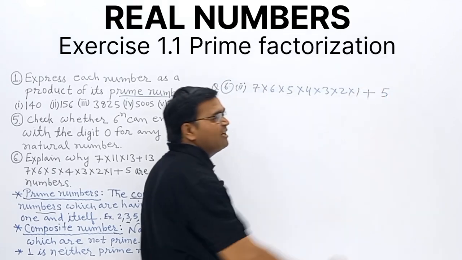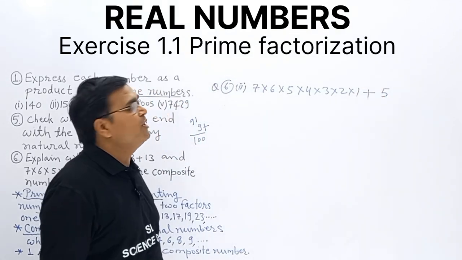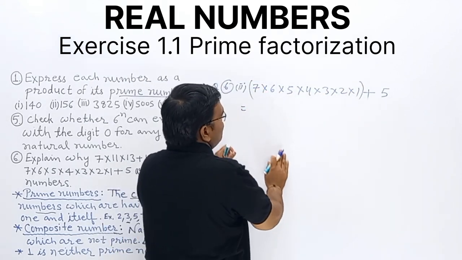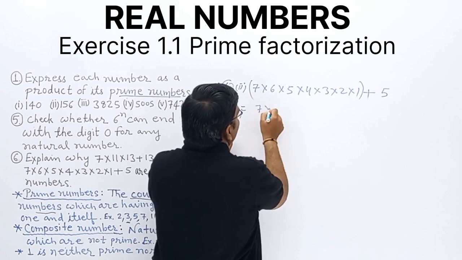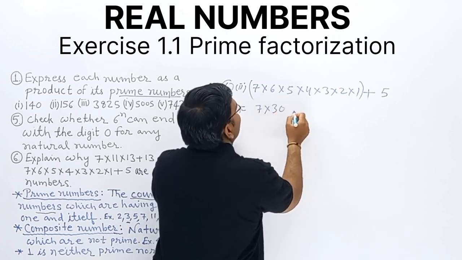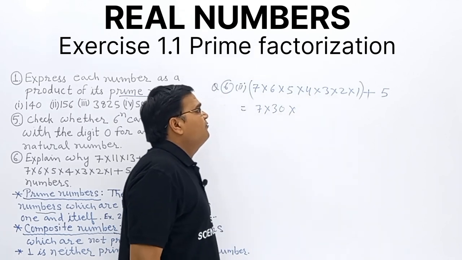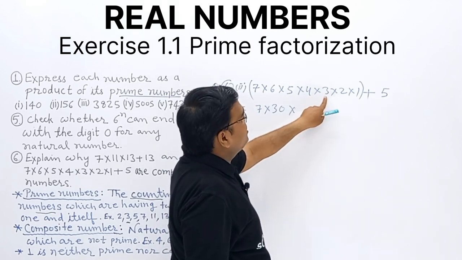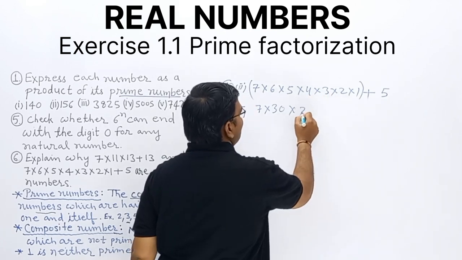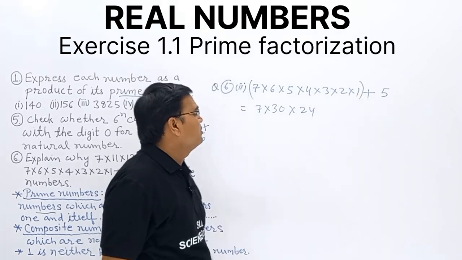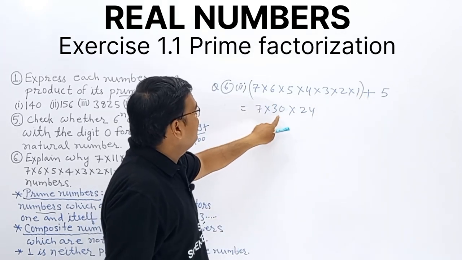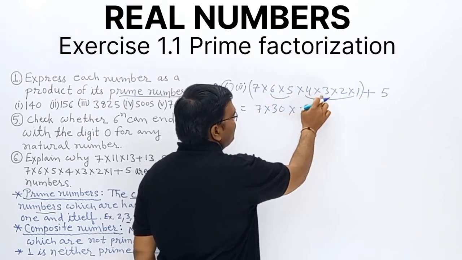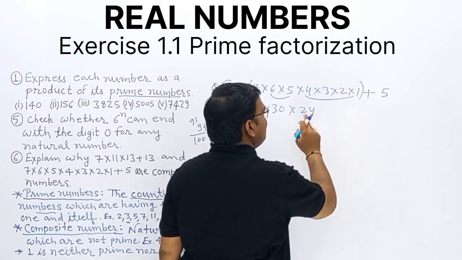Same, we will apply BODMAS, and BODMAS says first do the multiplication then add. So first we will do the multiplication. 7 into 6, 5 times 6 is 30, into 4 is 12, 12 times 2 is 24, and 24 into 1 is 24.